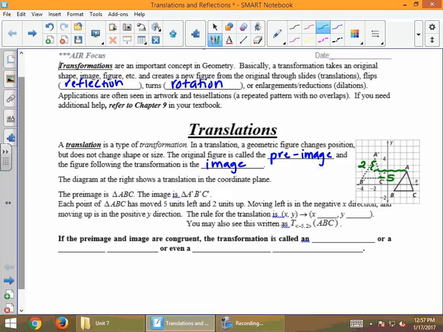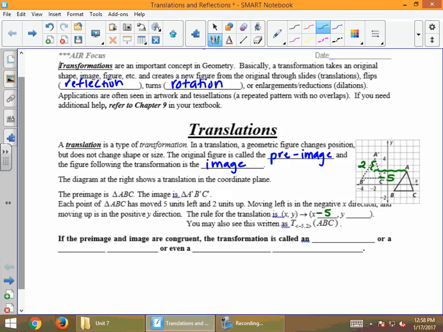So you write a rule for translations. There's kind of two ways you can do it. One way which you're going to see often is writing little equations. So you have your x, y, you draw an arrow, and then you write equations for what just happened. So if we went left 5, we're going to write it as x minus 5, because the 5 is negative.